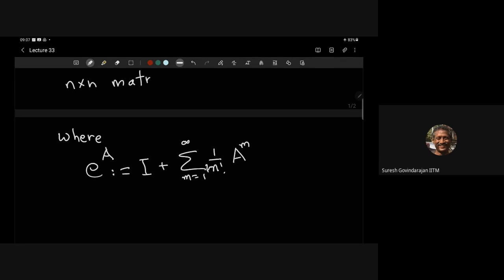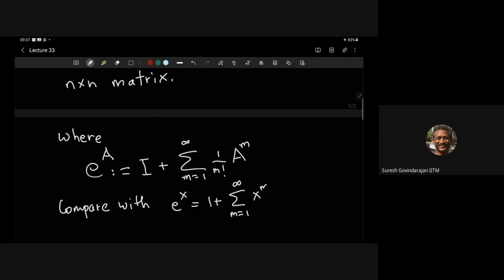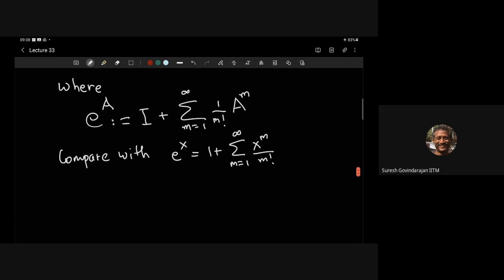Okay, so this is looking ugly, so let me clean it up. So you can see that you compare with the power series for an exponential. So it's like generalizing the power series for an exponential, but there is an issue of convergence.